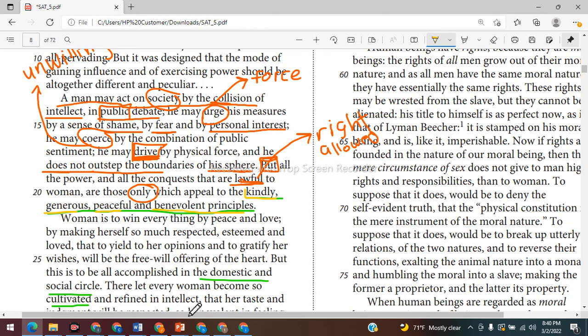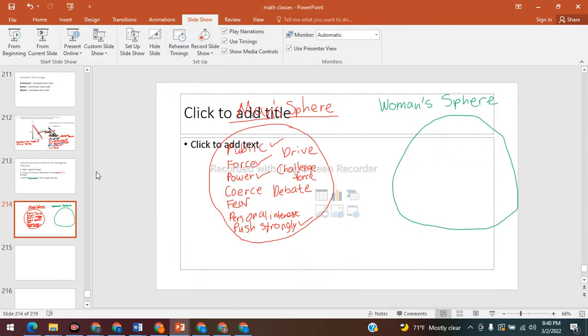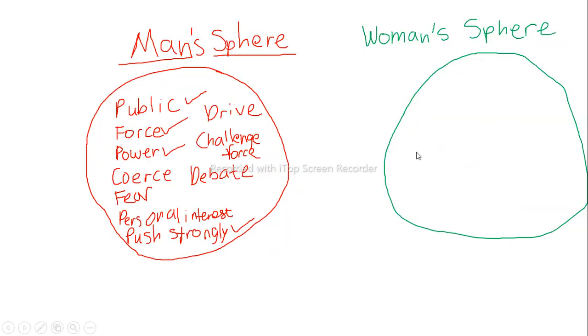Calm. So she's saying if we go into the sphere of the woman, what are the only things that are allowed in her sphere? Friendliness. Yeah, kindness. What else? Kindness. Being calm. Yeah, calmness.